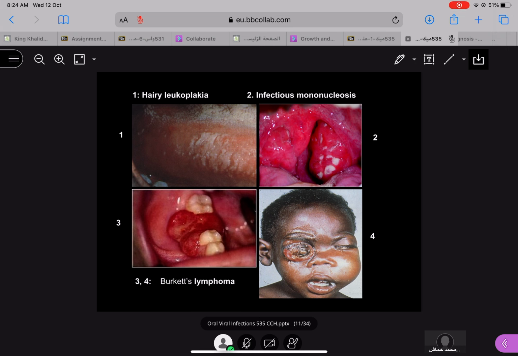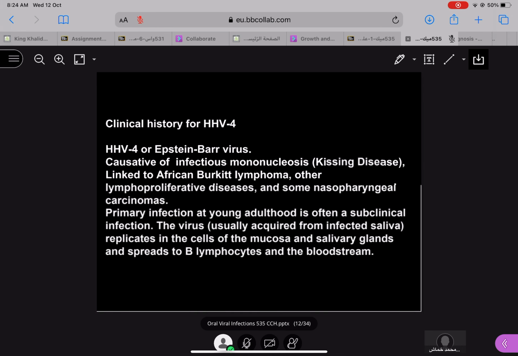This is hairy leukoplakia, in the tongue. Infectious mononucleosis, you see here, and Burkitt's lymphoma. This is a very bad form of varicella zoster, and it is one of the complications that might occur after varicella zoster infection.